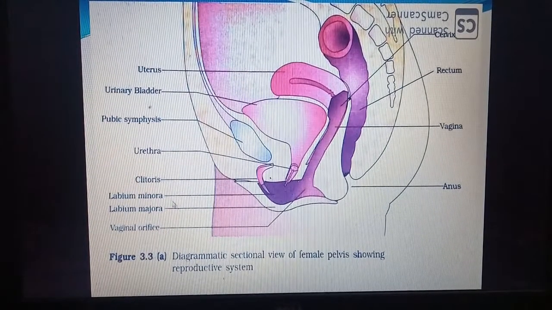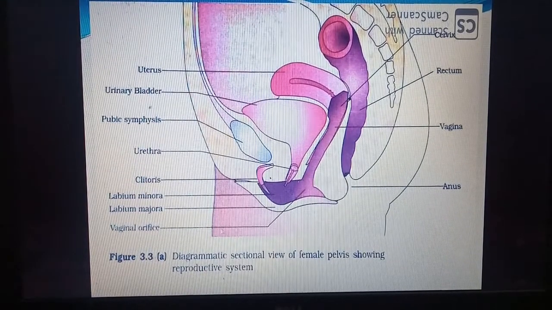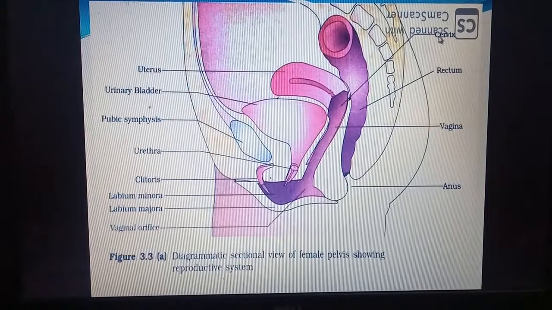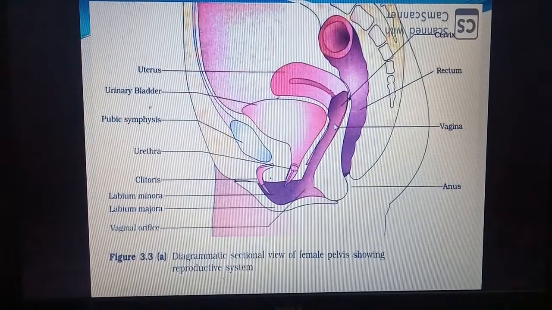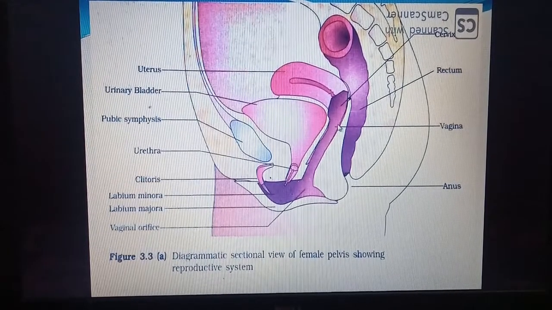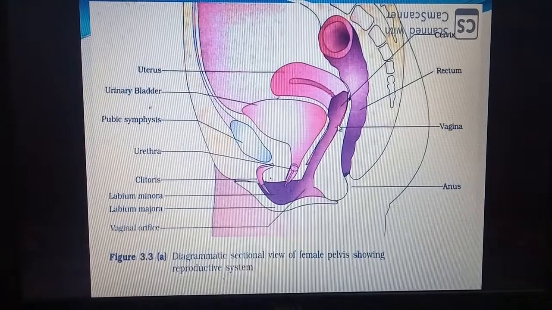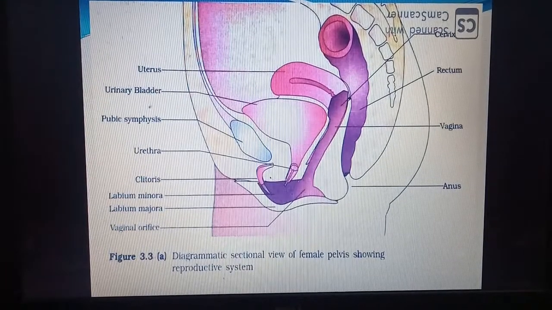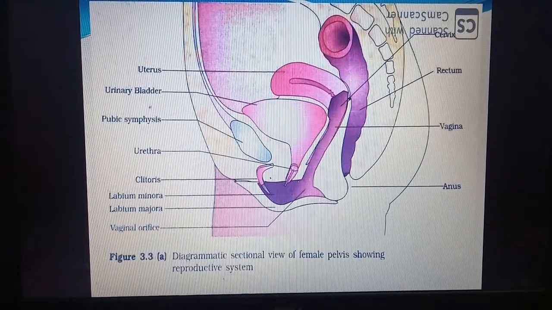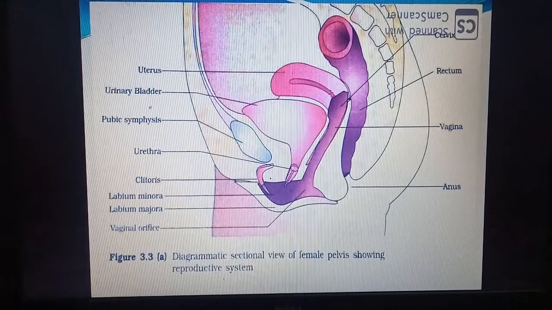Then there is the external part which is called labia majora, it covers the labia minora. Then there is the vaginal orifice, which is the opening of the vagina. Then cervix, the upper part. Cervix leads into the vagina. So these are the parts which are shown here. This is the sectional view of the female pelvis.